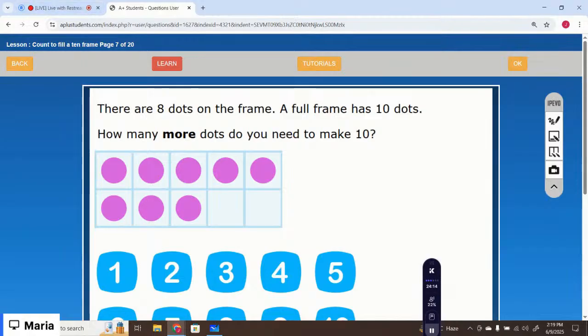There are 8 dots on the frame. The whole frame has 10 dots. How many more dots do you need to make 10? So, which is the correct option? You need 2 more dots to make 10.